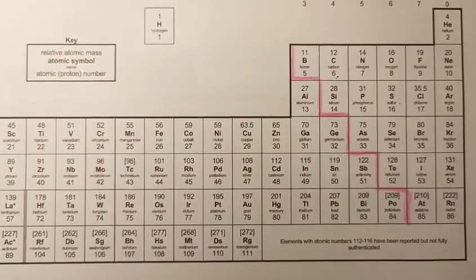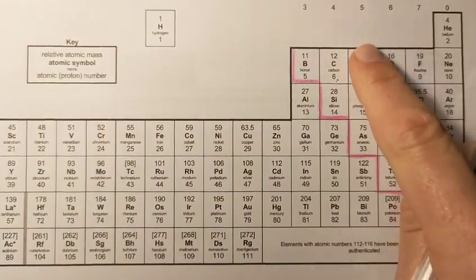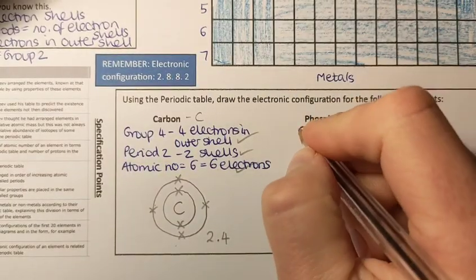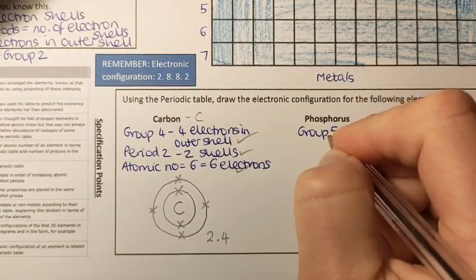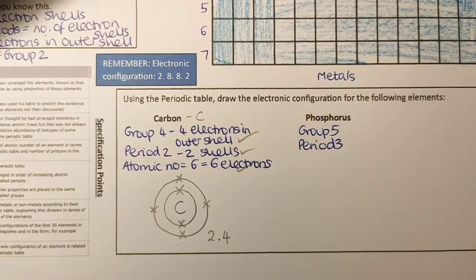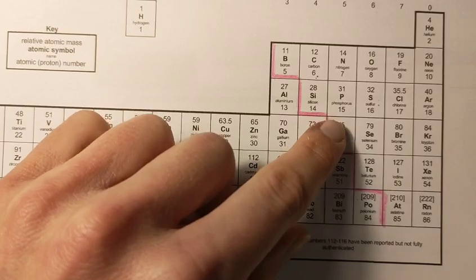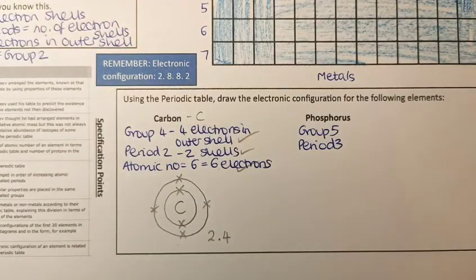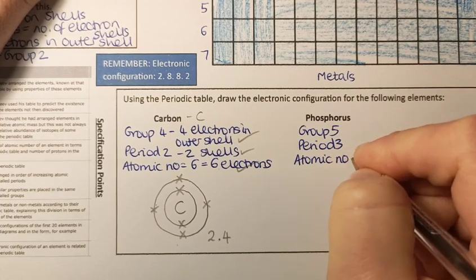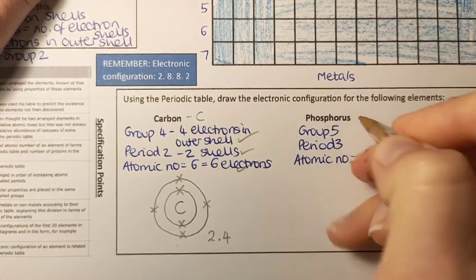Okay, so let's find phosphorus. It's here. It's in group 5, period 3, and the atomic number is 15.